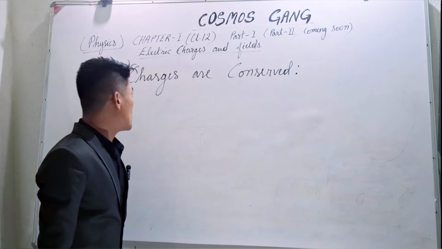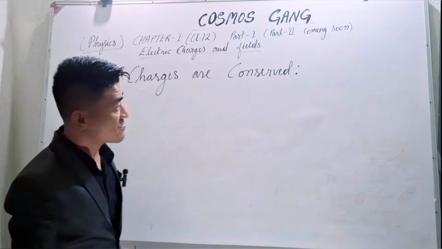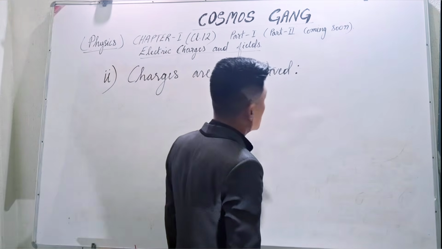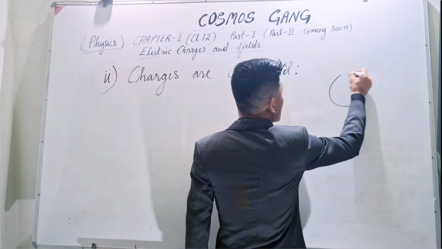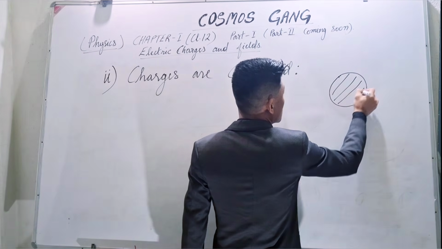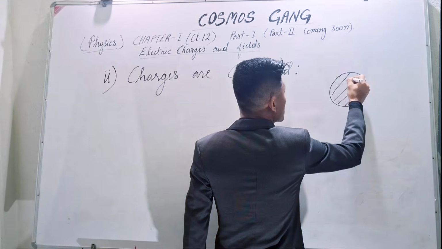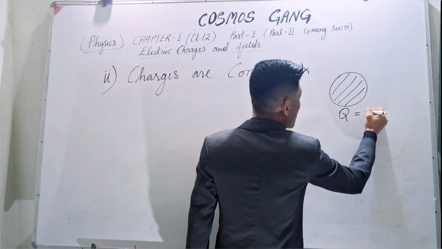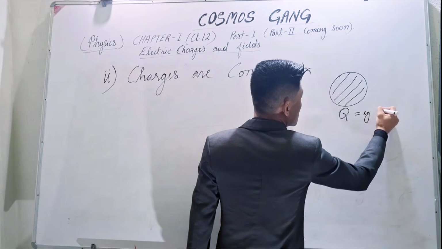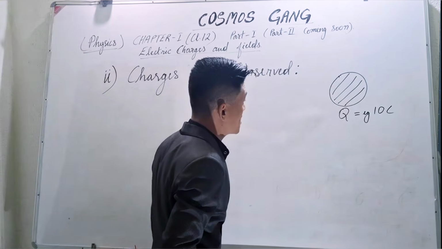To get this idea where charges are conserved, I take a charge as a whole. The total charge of this is, let's say, for example, 10 coulomb.